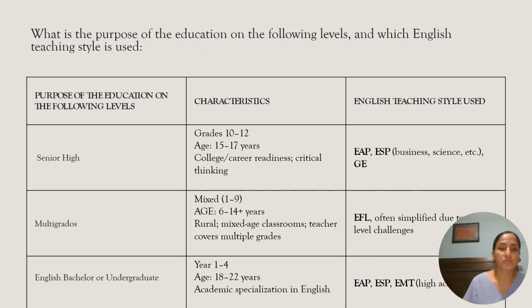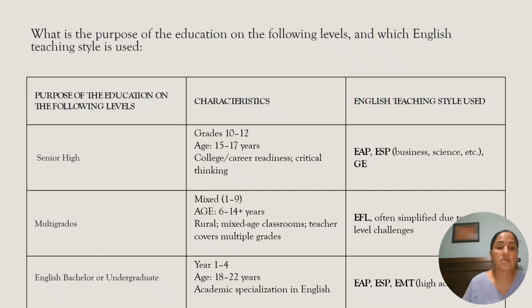We have senior high, the grades from 10 to 12, age 15 to 17, college and career readiness, critical thinking, and the English teaching is EAP, English for academic purposes, and English for specific purposes in general English.